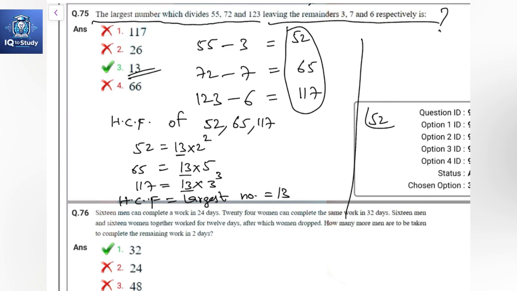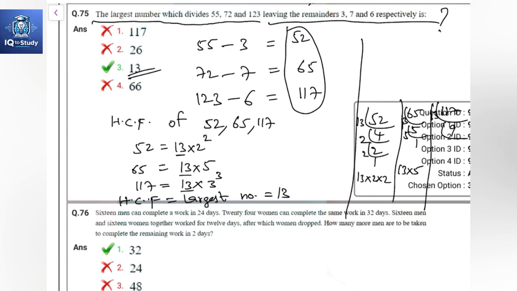For 52 it is 13 into 2 into 2, for 65 it is 13 into 5, and for 117 it is 13 into 3 into 3. So the common factor is 13.